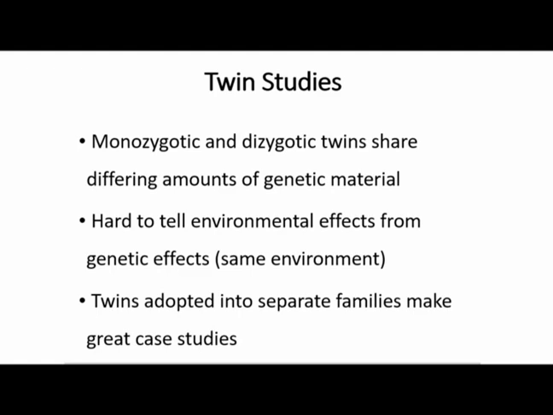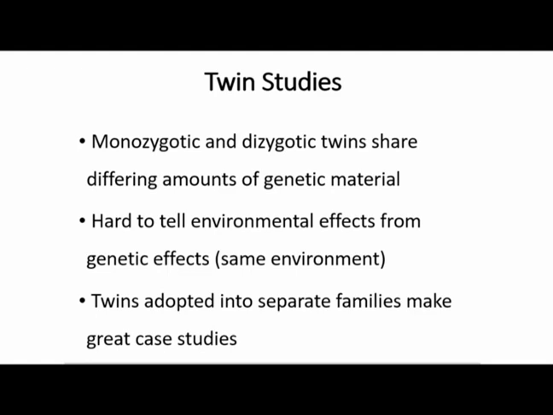So monozygotic twins share 100% of their genetic material. So if a trait is strongly influenced by our genes, then we would assume that monozygotic twins should be very, very close to each other in terms of that particular trait.